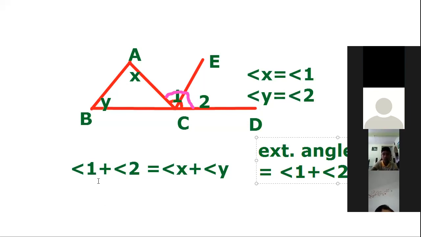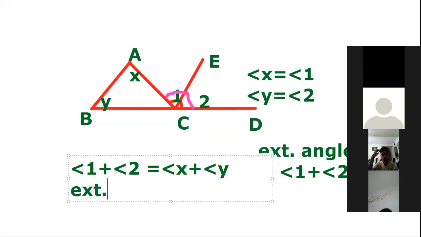And look here, the exterior angle is angle 1 plus angle 2. Here we can write angle 1 plus angle 2 is equal to angle X plus angle Y. That's why I'm just replacing angle 1 plus angle 2 as the exterior angle.